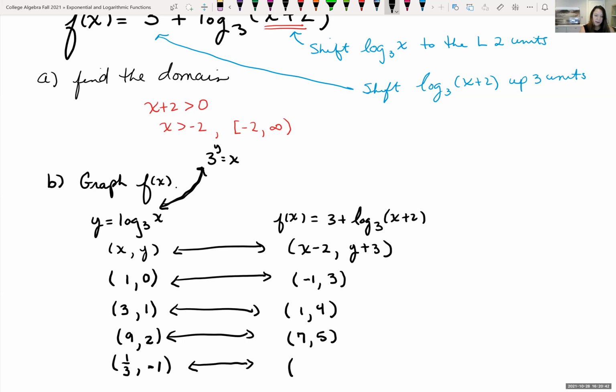So 1/3 minus 2, which is the same thing as 1/3 minus 6/3, is negative 5/3. And adding 3 to negative 1, we get back 2.